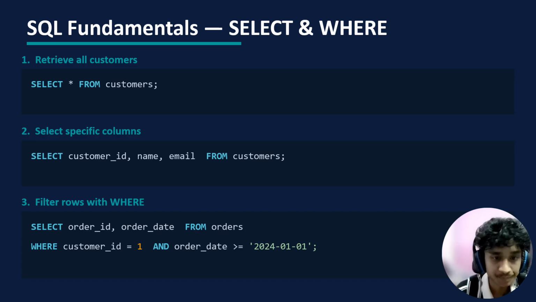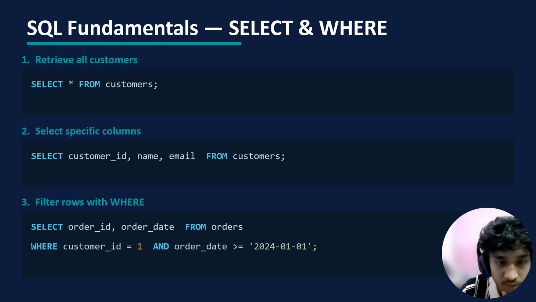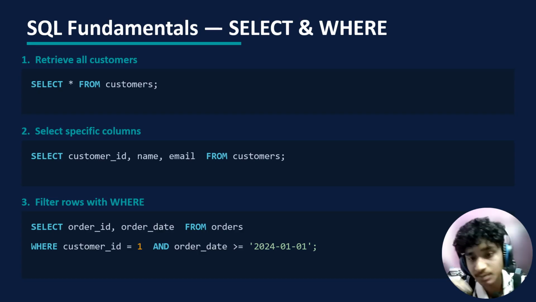It means select the customer table. So next one is select. To select specific columns, we use SELECT customer ID, name, email FROM customers. And to filter rows with WHERE, we select order ID, or WHERE specifies what we need to select.